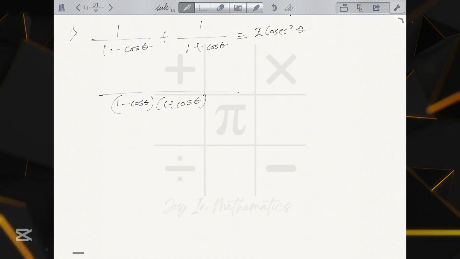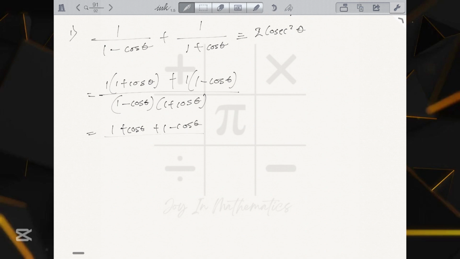So simplifying the numerator, this will give us 1 into 1 plus cos theta, and likewise 1 into 1 minus cos theta. So let's simplify the numerator together. Opening the bracket with 1, we'll have 1 plus cos theta, and also opening the bracket with plus 1, we have plus 1 minus cos theta.